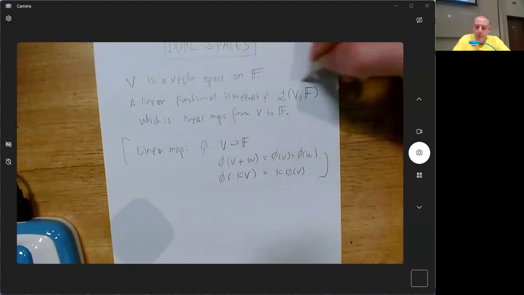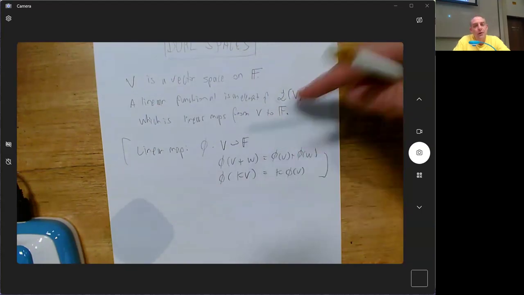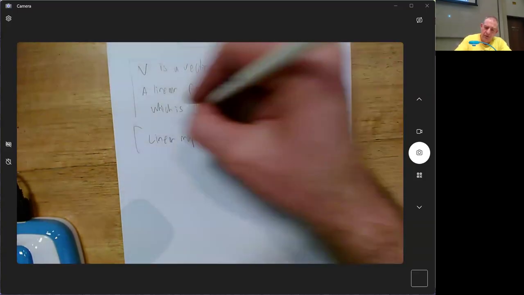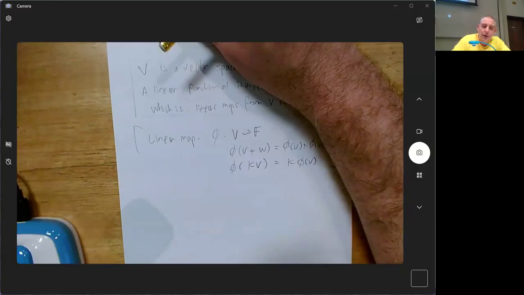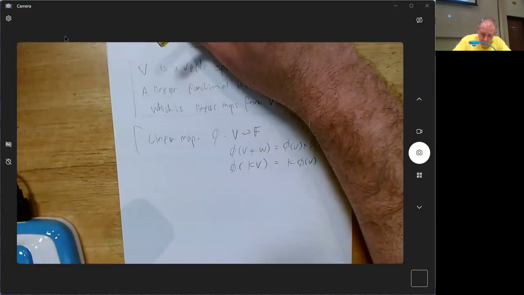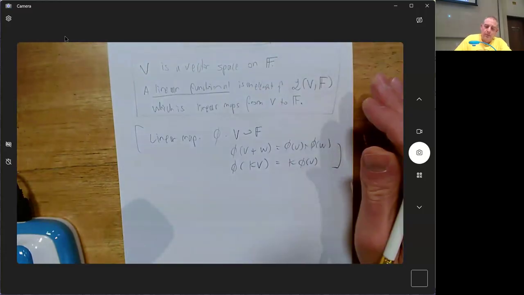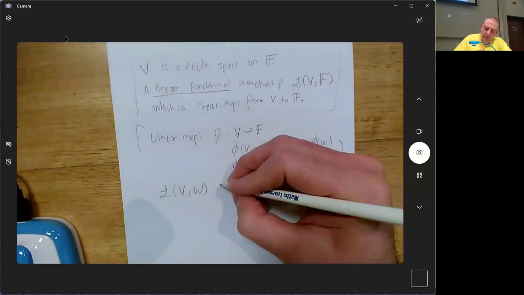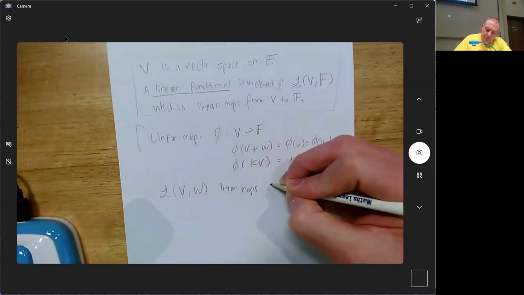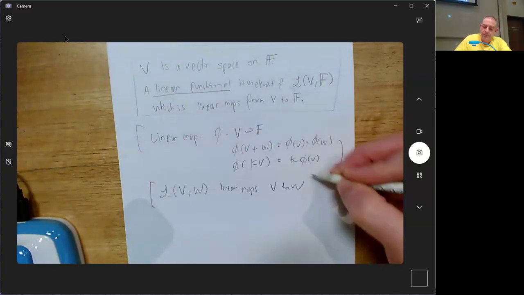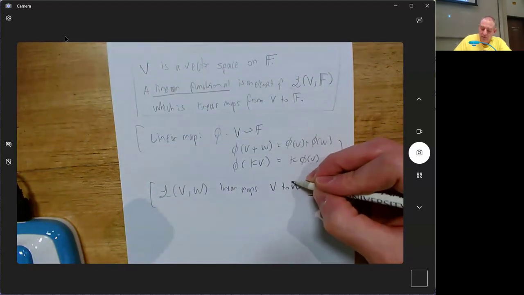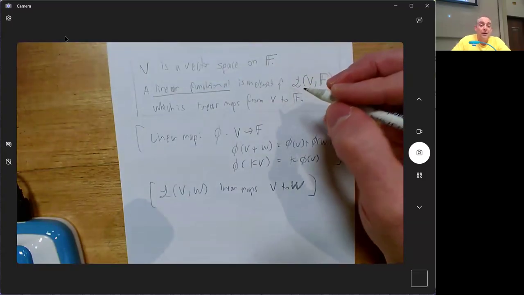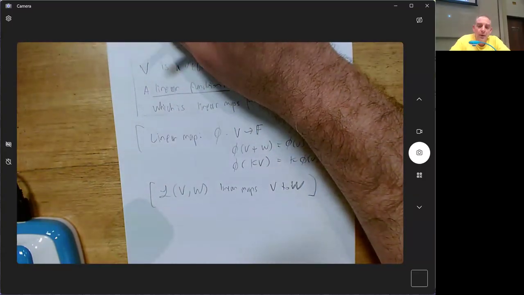And this group is the group of those things. Just as an aside, this is a definition in the notes of the word linear functional. I'm presuming that this would be linear maps from V to W. And so F is technically a vector space over F itself, and so that all works out fine.